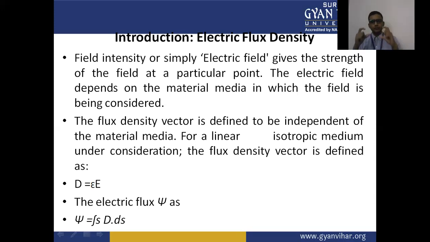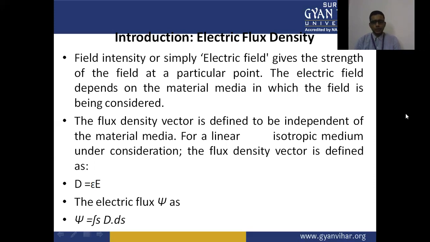So the electric field is a quantity which gives the field strength at a particular point in a medium. The flux density vector is defined to be independent of the material medium. So flux density does not depend on the medium.